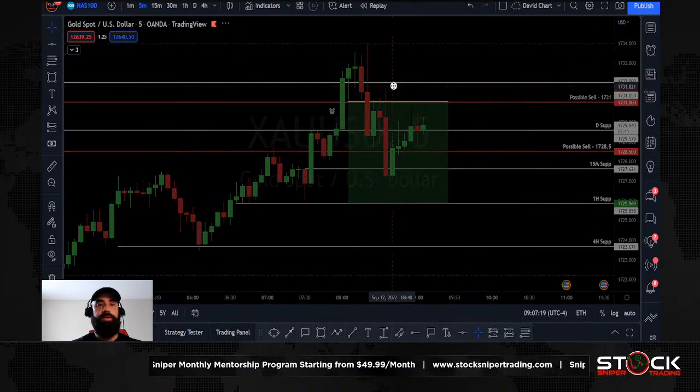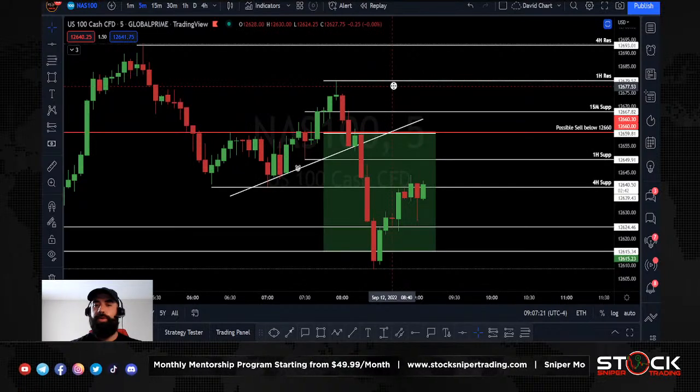Okay, let's take a look at NASDAQ now. Still holding, okay, pushing back up. I still like those long wicks here coming to 915.